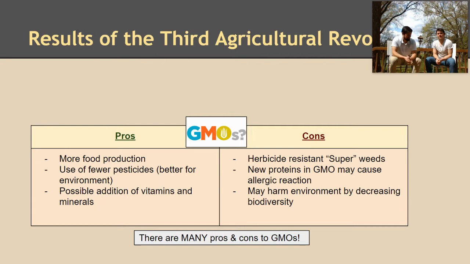So these super weeds that we talk about: nature has a really good way of figuring out a way to survive. When we spray these herbicides on the fields to kill our weeds, our crop plants have a gene in them which allows them to be resistant. Well, there are other weeds out there that can randomly mutate so that they are also resistant to the herbicide.